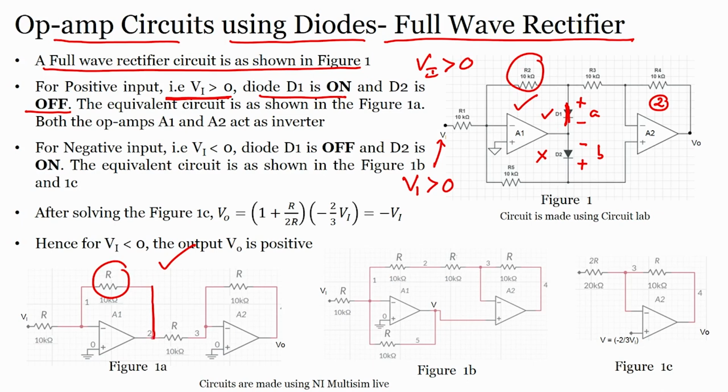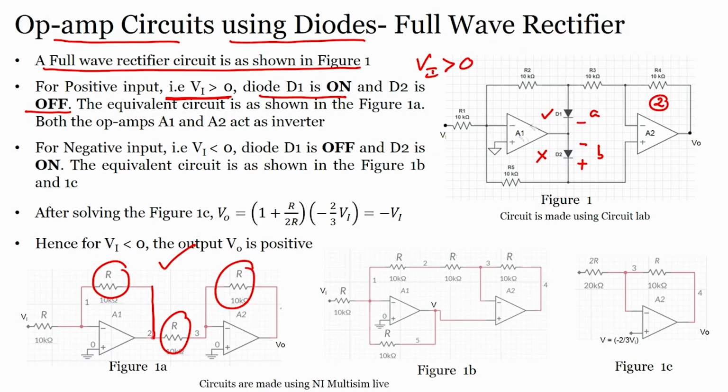Then we have R, which is another one, and R4. Correct, you got it, super easy. When I apply Vi greater than 0, this diode starts conducting, means I can just draw a line, and this one will not conduct, so it will block.